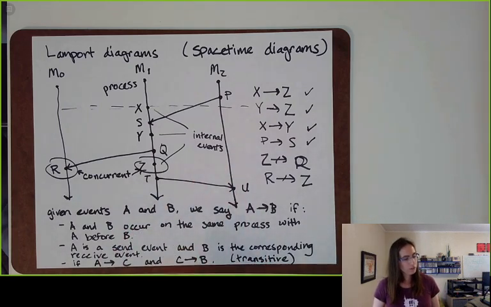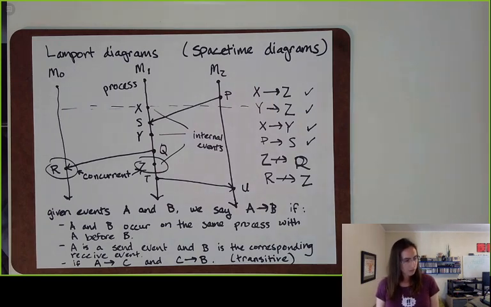So what I've done here is given a definition for this happens before relation, but I haven't yet told you how to compute it. If I give you a whole bunch of events, I haven't told you how to compute what happens before what. And so next time we're going to be talking about logical clocks, and that will let you actually figure out what happens before what.